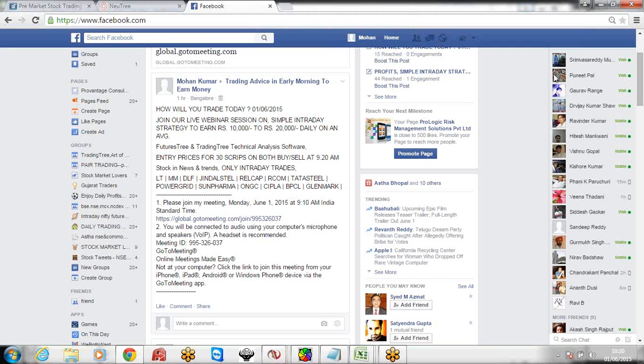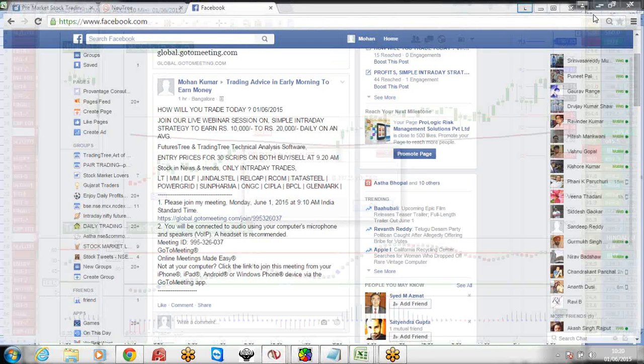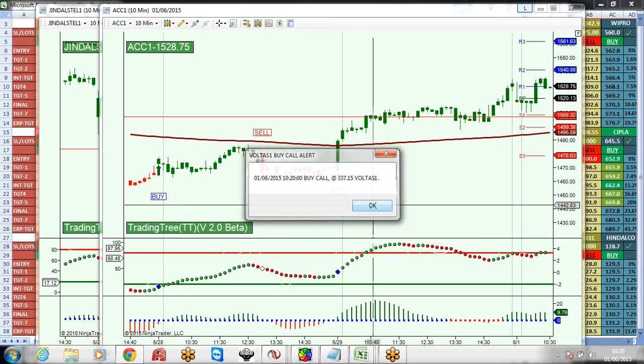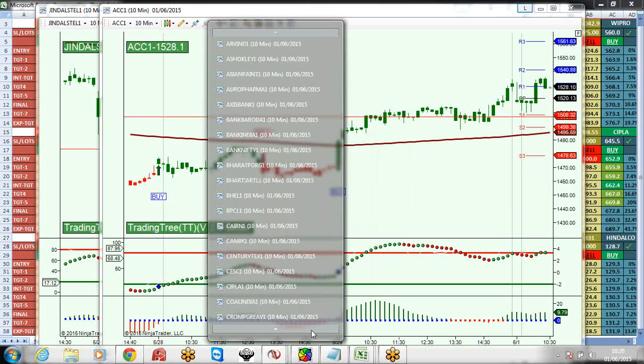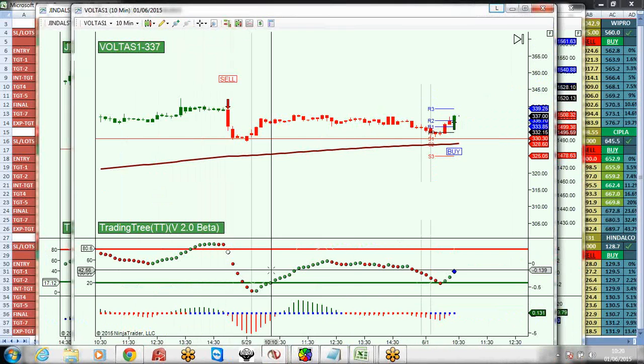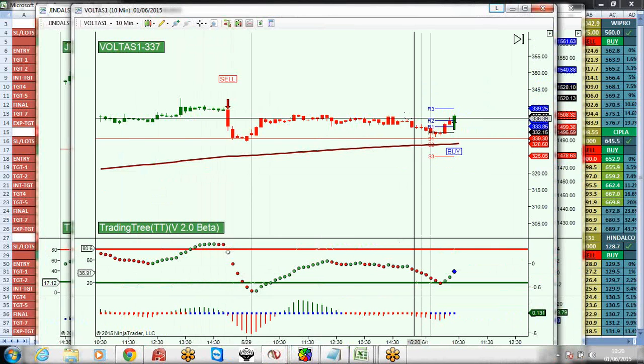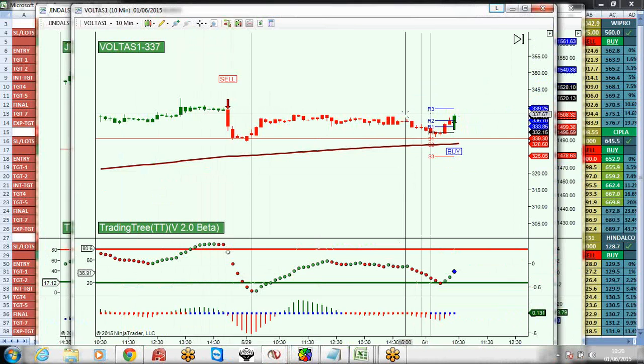There is a buy call in Voltas. So we have a buy in Voltas. You can buy Voltas at about this price, 337.80.